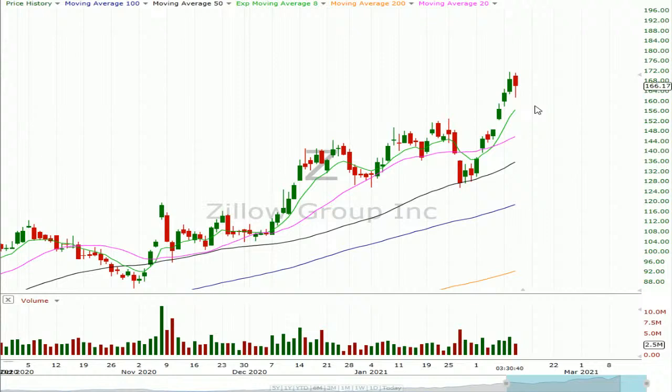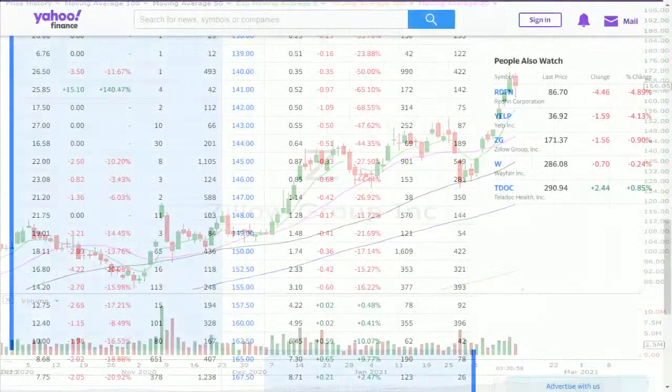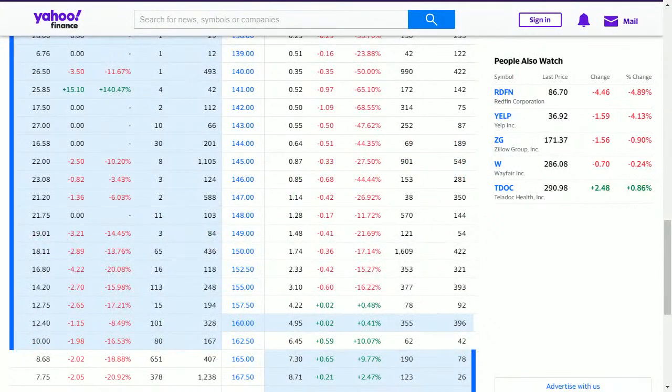If options cost $5, then the stock has to move more than $5 to make money, otherwise you are a net loser on the options. So you want to know what's expected, what's priced in, and that's where the priced in move comes into play. In terms of calculating it, it's very straightforward.